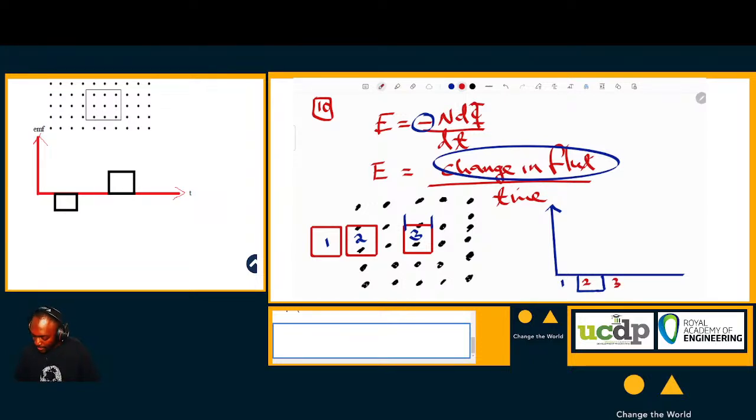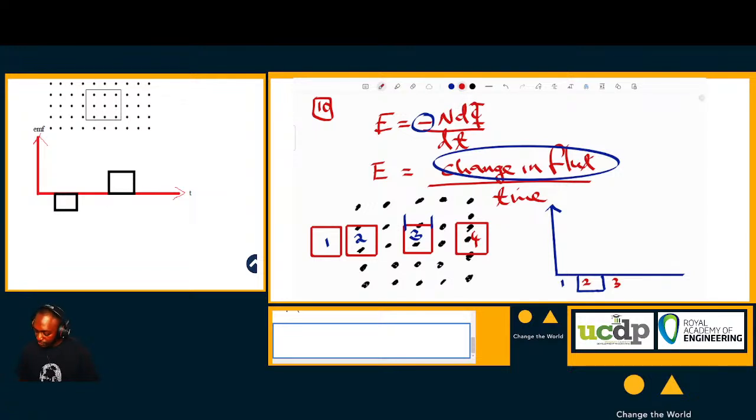Okay? Now, at the instant the rectangular coil begins to move out, it means that the flux is going to decrease because it was maximum at a constant value, which is at 3. Now it's moving from 3 to position 4. So the flux is decreasing.